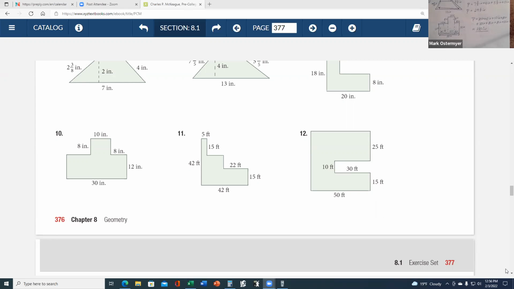Are they all given to us or are we going to have to find some? Something tells me we may have to deduce a couple of these side lengths, correct? I don't think we're given all these side lengths.